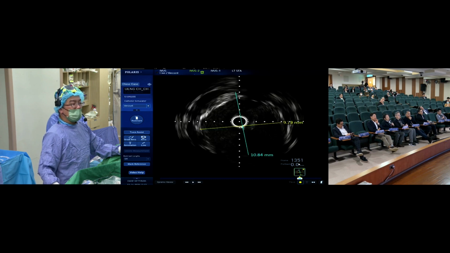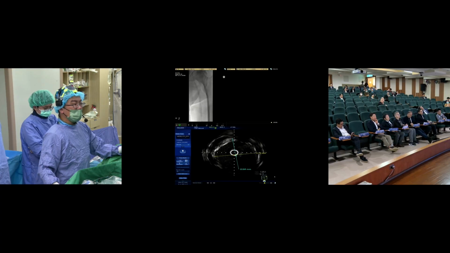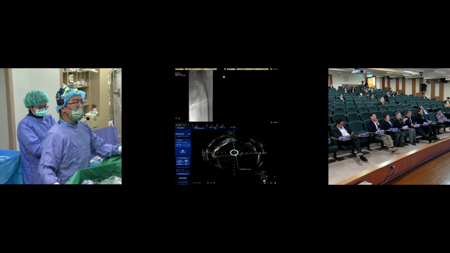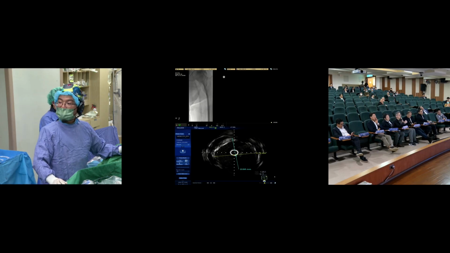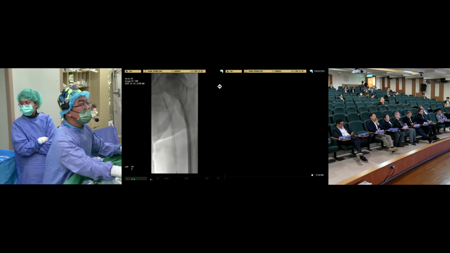Could you show us the angio, and the CFA size here? Excuse me, can you show the final angiography? Can you put the angio up?